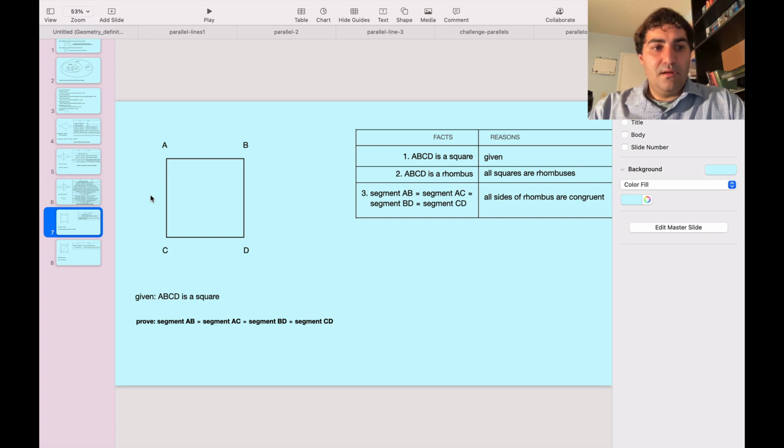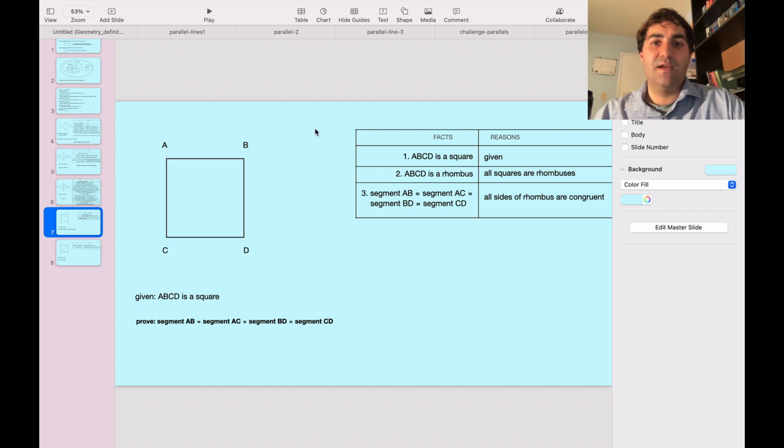Okay, so the last two slides are actually pretty easy. So we're given that ABCD is a square, and I want to prove that all sides of the square are going to be congruent. So I'm going to write down the facts that I know. ABCD is a square, and we're given that information.